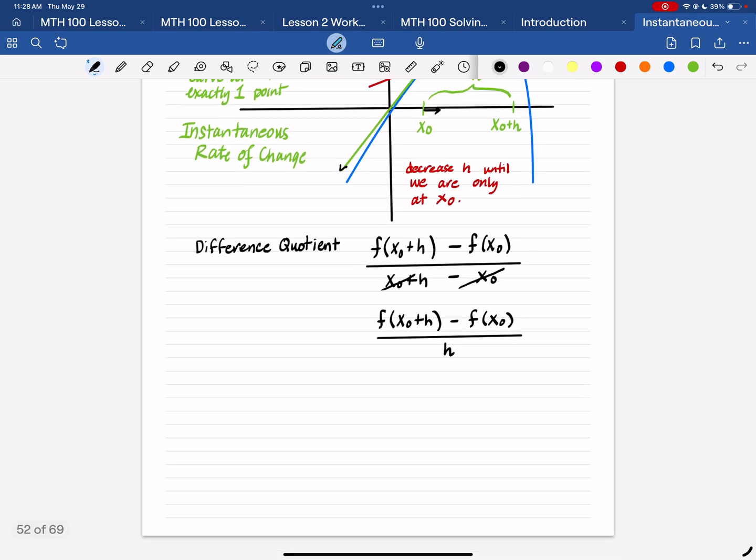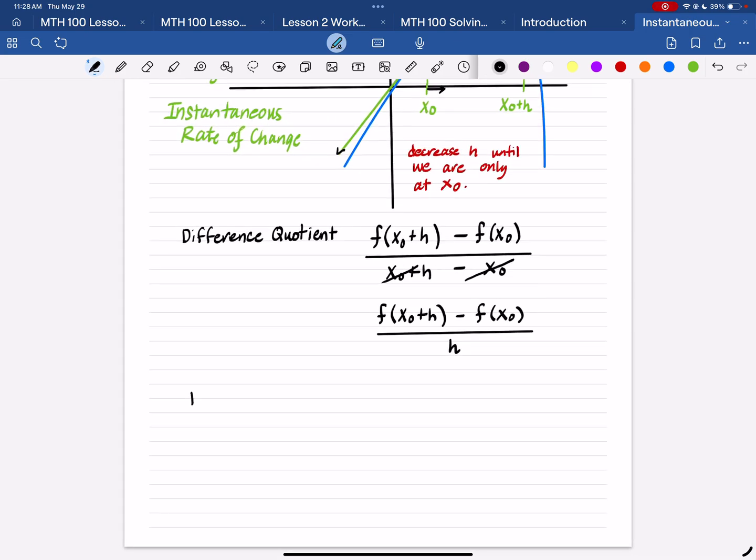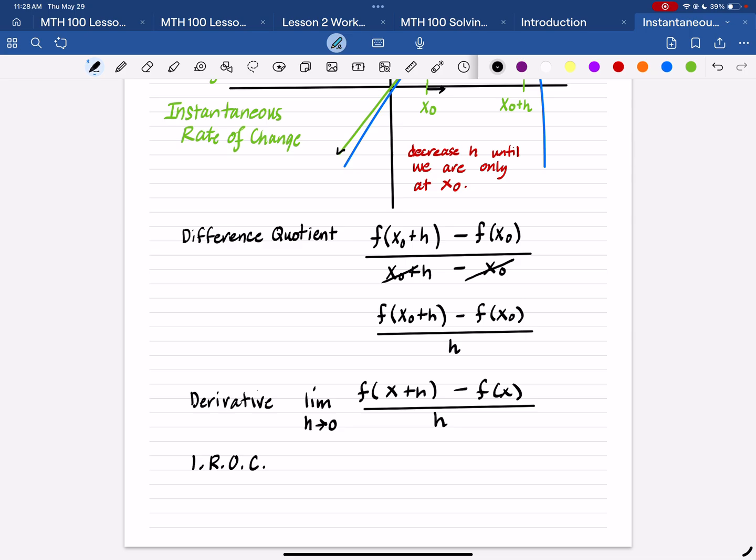So the actual formula for what we call the derivative, which we'll do in the next section, is the same formula, but we look at the limit, like we've looked at limits before, of what happens when we let h go to 0 of this difference quotient. And we won't even call it x sub 0 anymore. We'll just call it x.